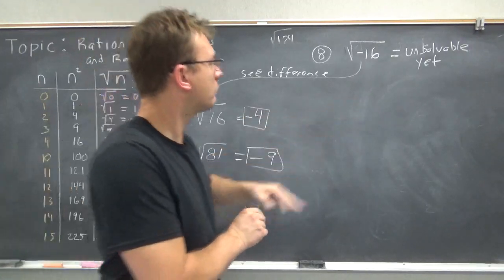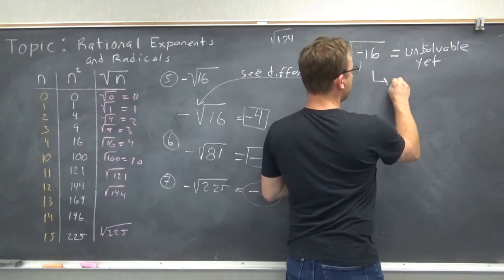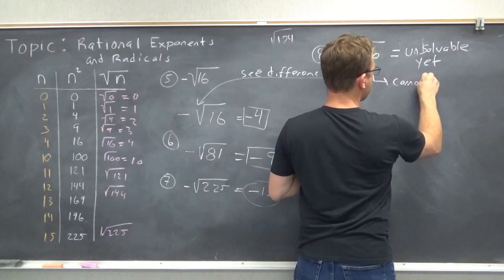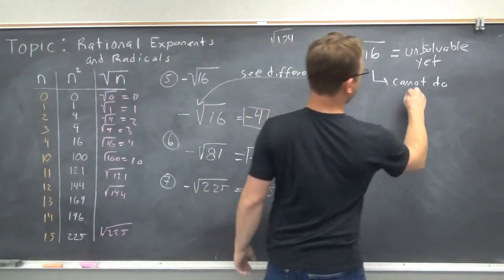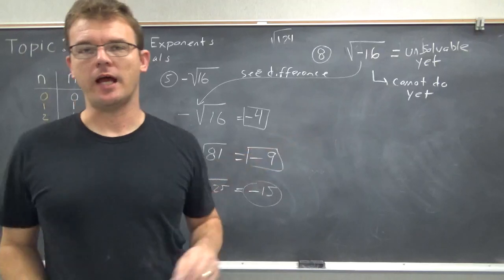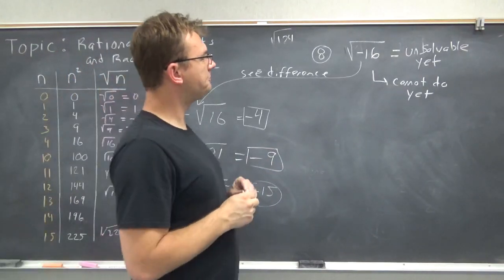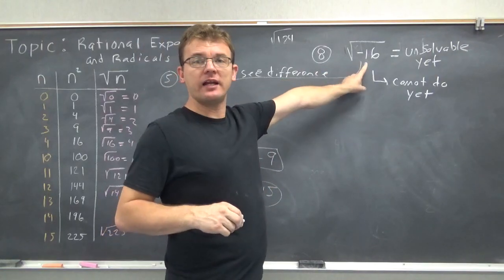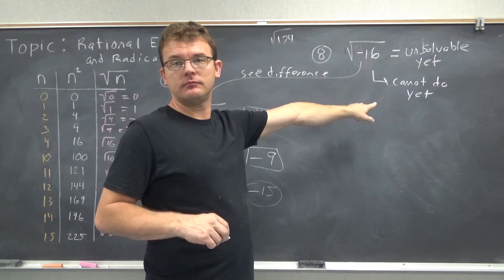certain realm here. So right now, this cannot do. You know what? Cannot do yet. We haven't got the tools for that yet. Okay? So when you encounter a negative under the square root, we can't do it yet.